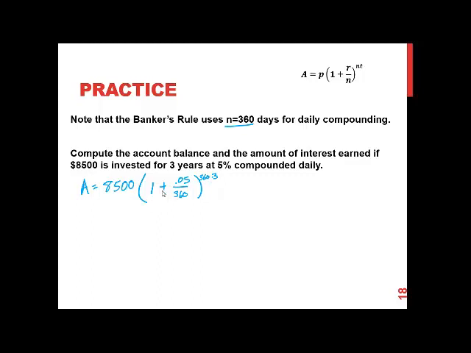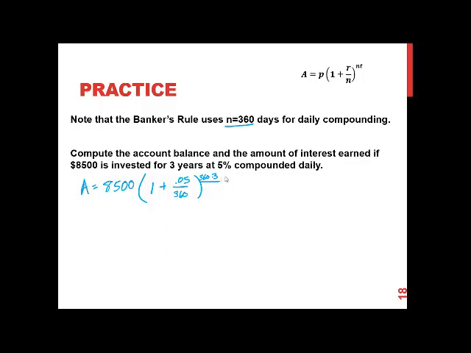So we get 1 plus our rate divided by the number of times per year, all raised to the number of times per year times the number of years. And again, if we punch this in our calculator, 0.05 divided by 360 equals, plus 1 equals, raised to the, you might want to do this math somewhere else or use parentheses.